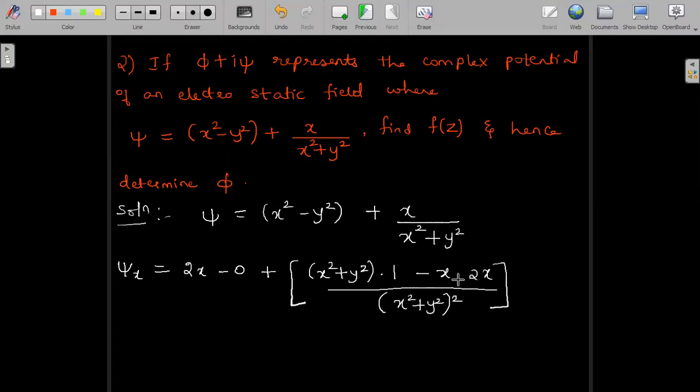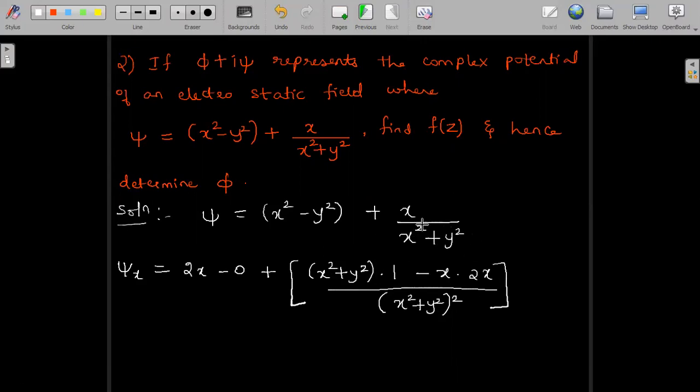So first we are applying the differentiation partially with respect to x. X square differentiation is 2x, y square with respect to x is 0. Then quotient rule for x by x square plus y square. So we are applying quotient rule u by v. V into differentiation of u minus u into differentiation of v, the whole divided by v square is the formula.